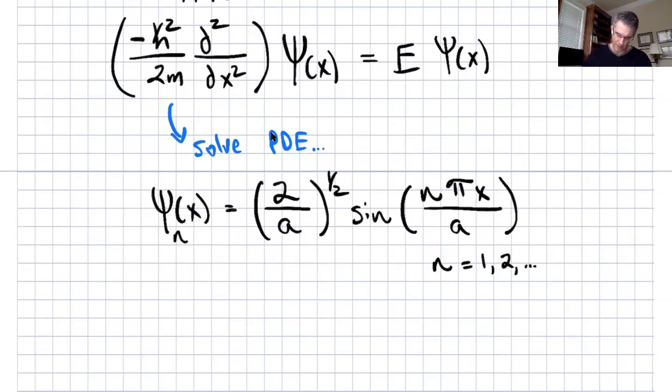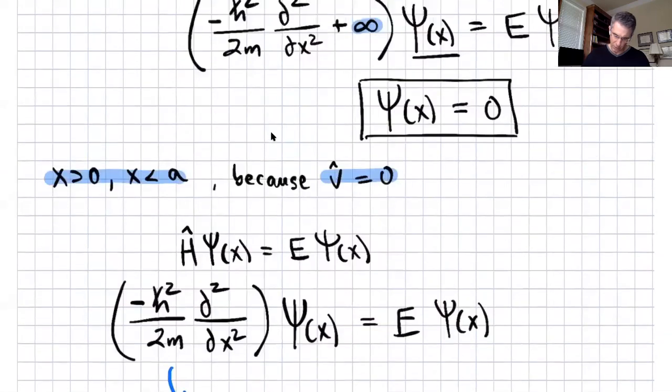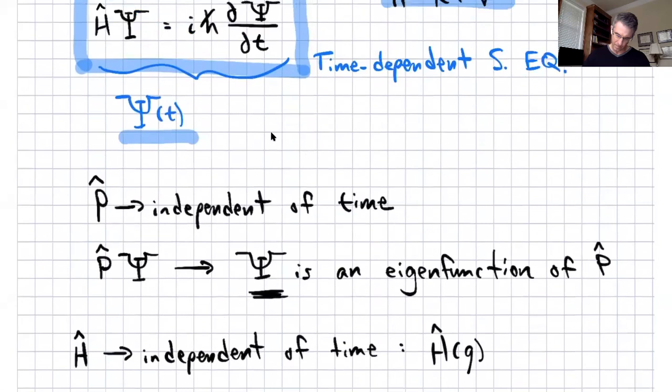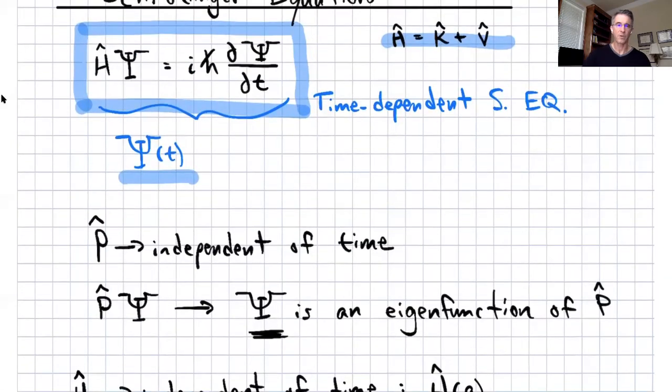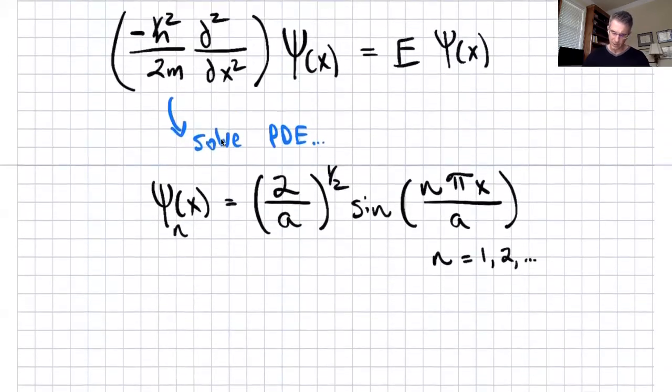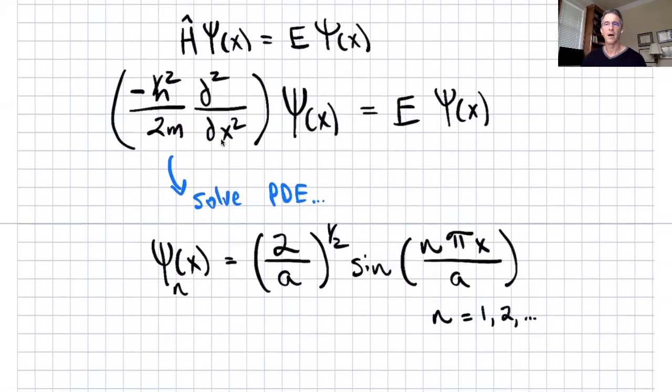If you take this solution for the wave function, you can substitute it back into the Schrodinger equation. In this case, you could substitute it back and it wouldn't make much difference because we're time invariant, so that's kind of stupid.